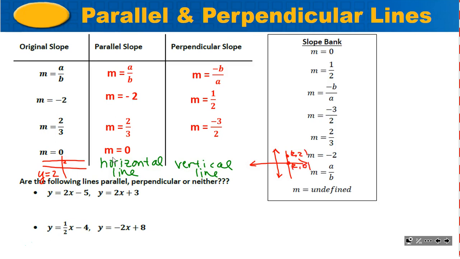So when we do this, our change in y is going to be 0 minus 2, whereas our change in x is going to be 2 minus 2. Well, if you put this in the calculator, it's going to be -2 divided by 0, and when we divide by 0, we get an error message on our calculator. So when we get an error message on our calculator, that tells us that the slope is undefined. And the undefined slope of a line means that the line is a vertical line.